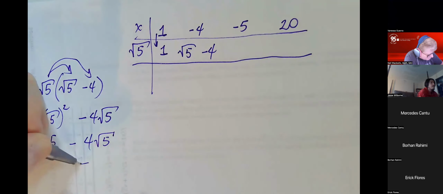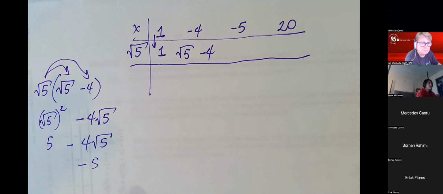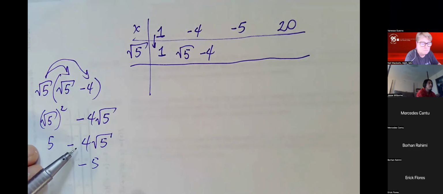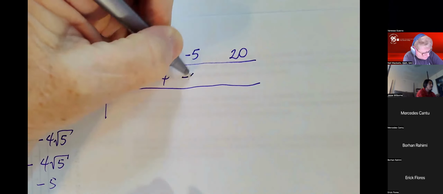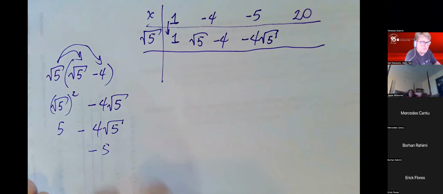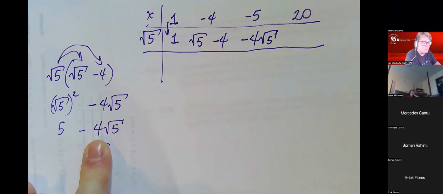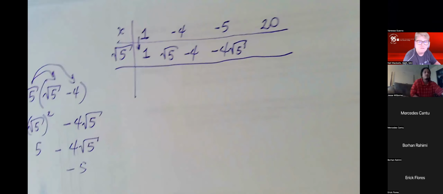What is this whole thing minus 5? If we have 5 minus 4 square root of 5 minus 5, the 5s go away. We're just left with negative 4 square root of 5.